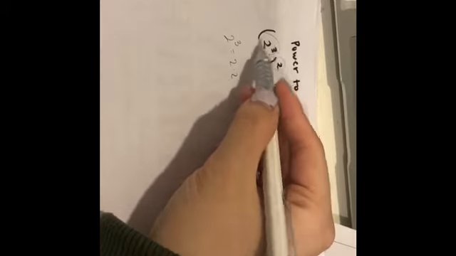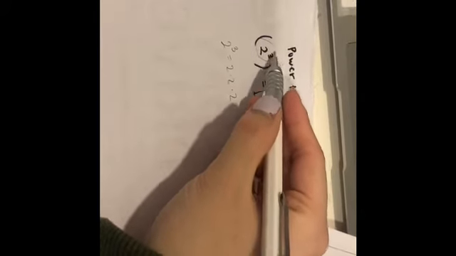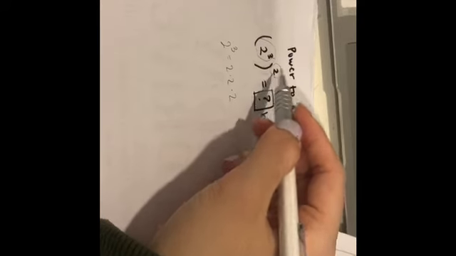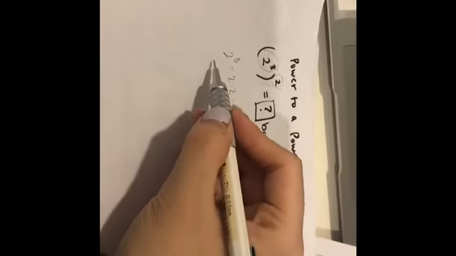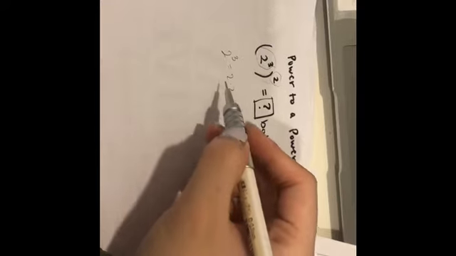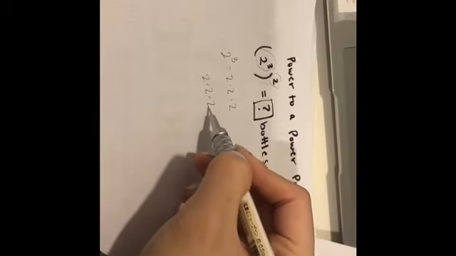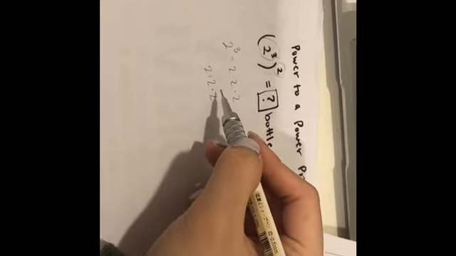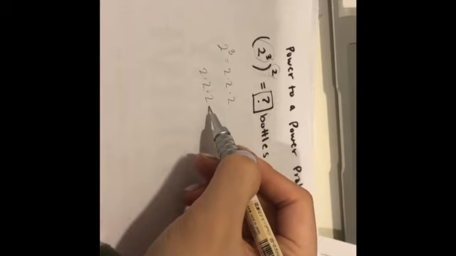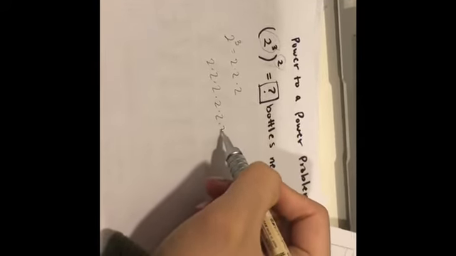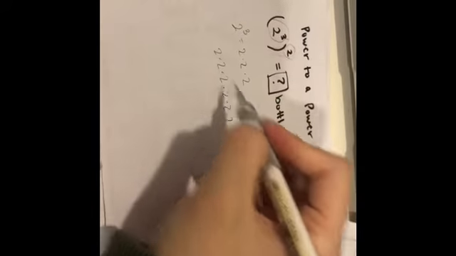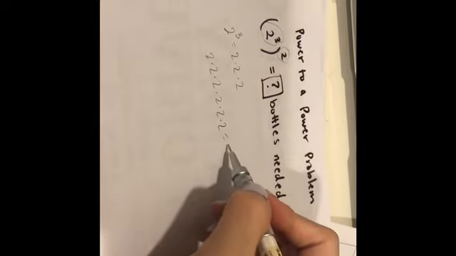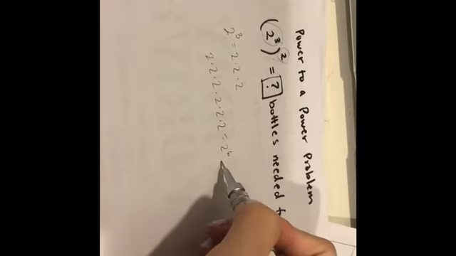And since this whole term is brought to the second power, this is going to multiply by itself. So times 2 times 2 times 2. And this can also be written as 2 to the power of 6.